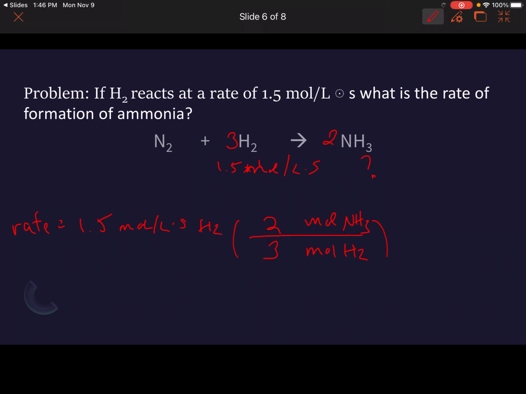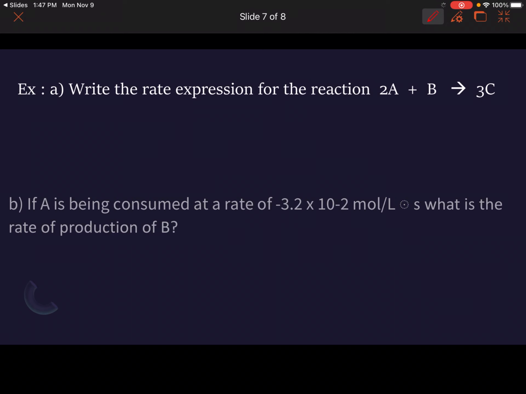So the rate of NH3 is going to be 2/3 that of the H2. I can work that out, and I end up with 1.0 moles per liter times second. That's the unit here, NH3, for this particular one. So we just used our mole ratio to convert between the rates.